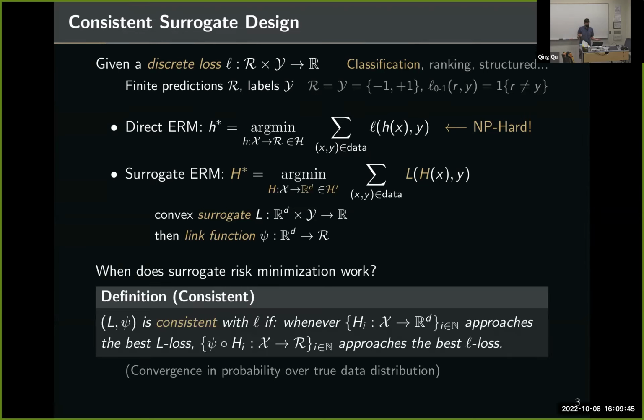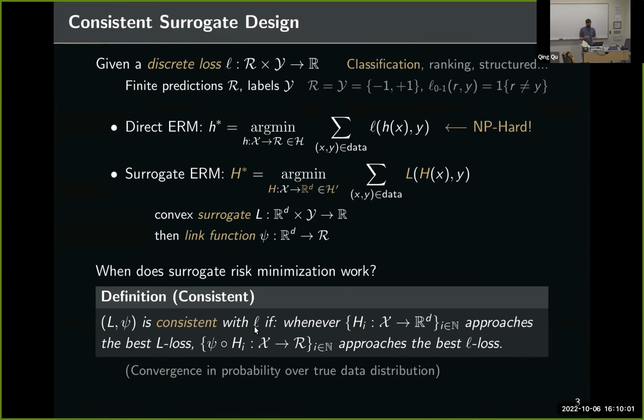Well, typically the minimal thing that you would want is consistency. Throughout the talk, capital L will be the surrogate, psi will be the link, and little l is the discrete loss, which is the problem that you're really trying to solve.